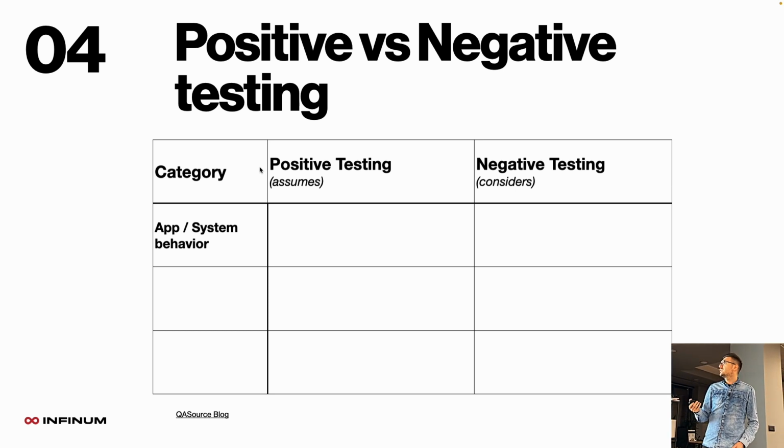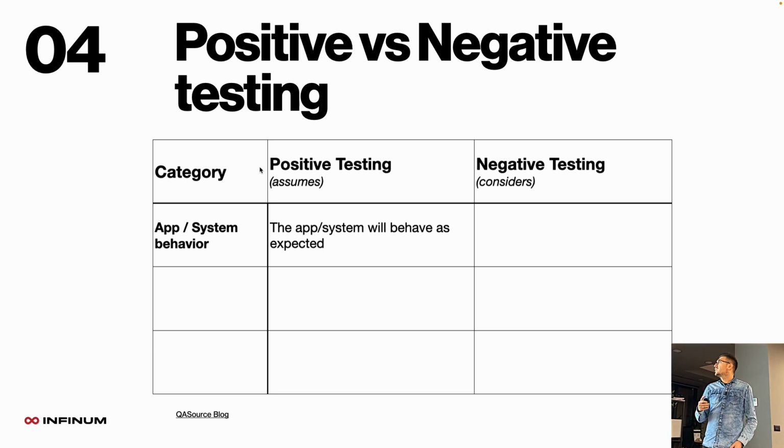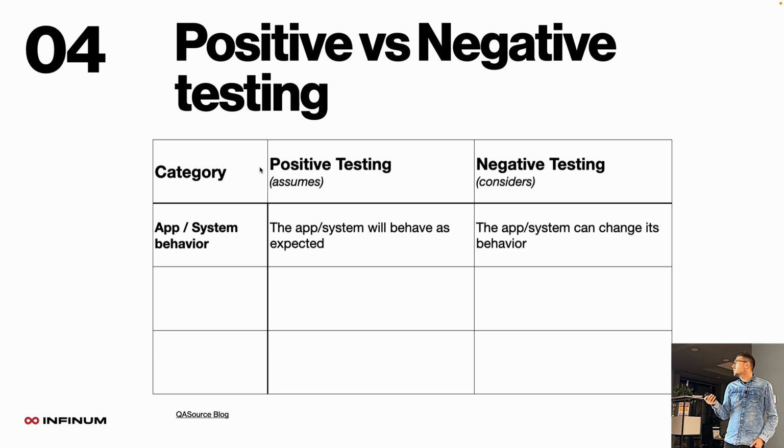Positive testing assumes that the application will behave as it was created, will behave regularly, and no surprises will occur. But negative testing, on the other hand, considers that the application behavior can change. For example, depending on the internet speed, how it will open and how error handling will happen during a slow internet connection, etc.